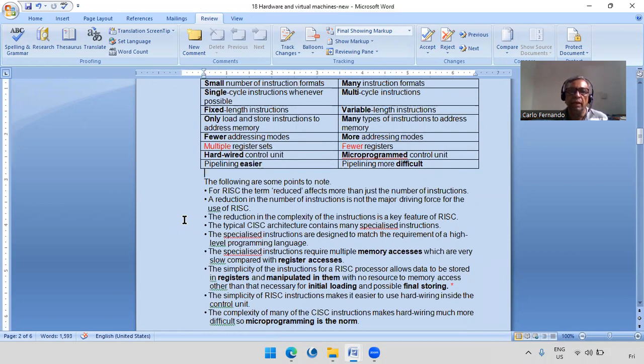A reduction in the number of instructions is not the major driving force for the use of RISC. The reduction in the complexity of the instruction is a key feature of RISC. So the number of instructions is reduced as well as the complexity.